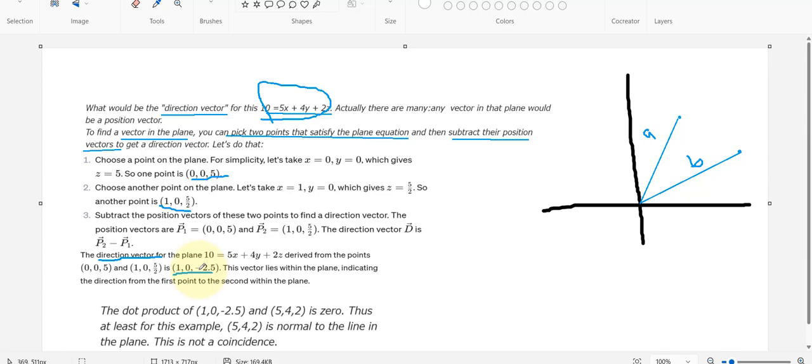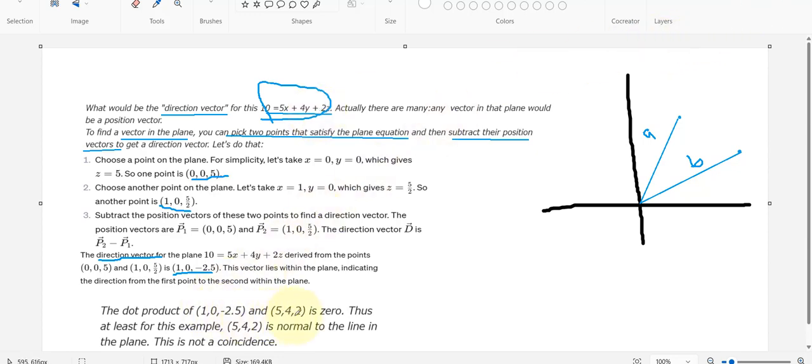In other words, they're going to be perpendicular. In other words, doing this, 5, 4, 2, does give us a normal vector to the plane.